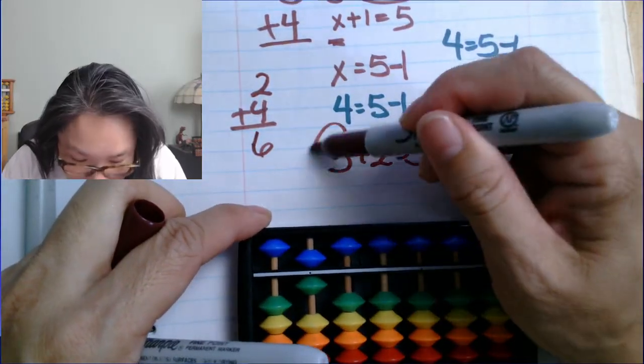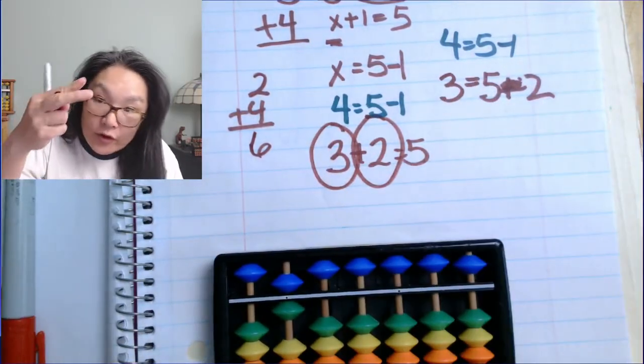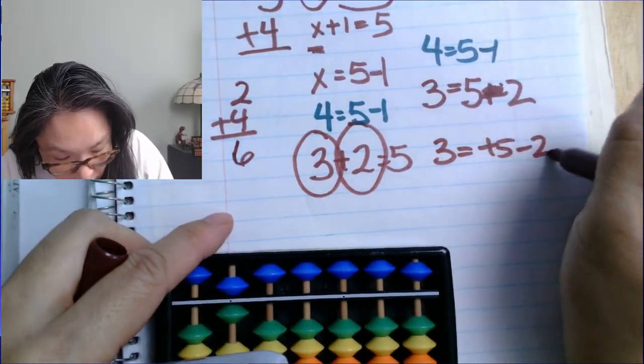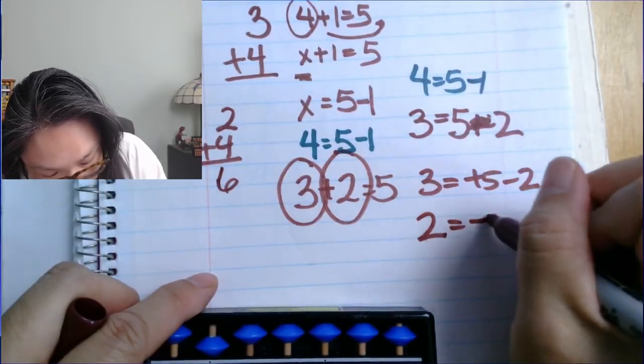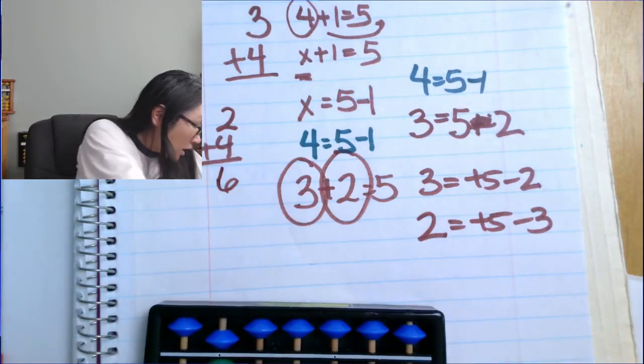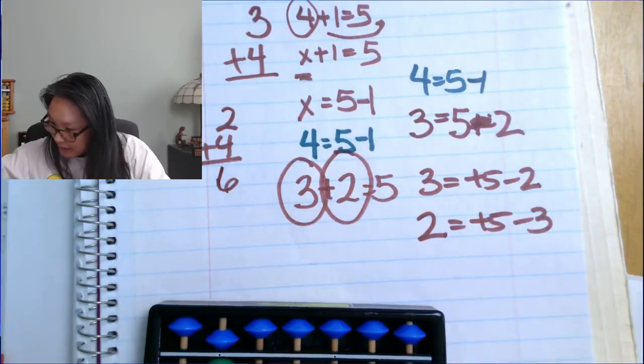So when we isolate this variable, now we have 2 sets of variables. We have 3 is equal to plus the 5 minus 2, or 2 is equal to plus the 5 minus 3. That's why we have not this.